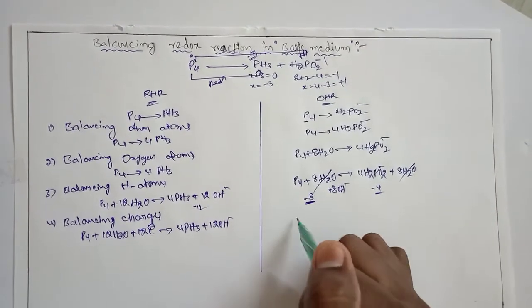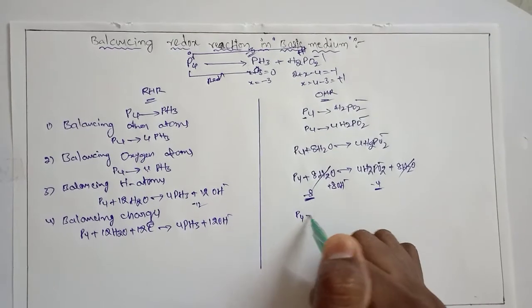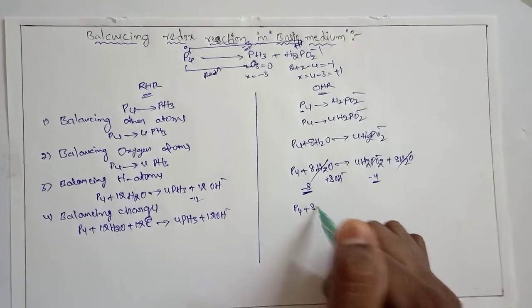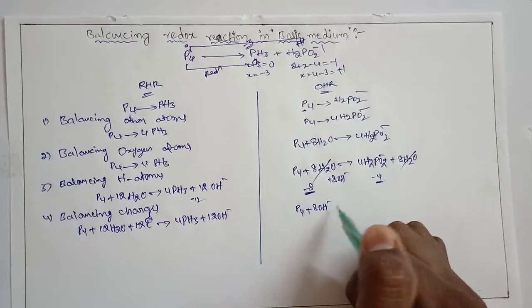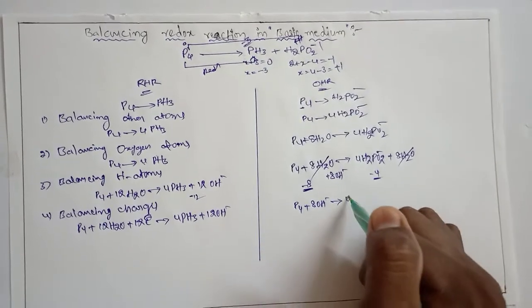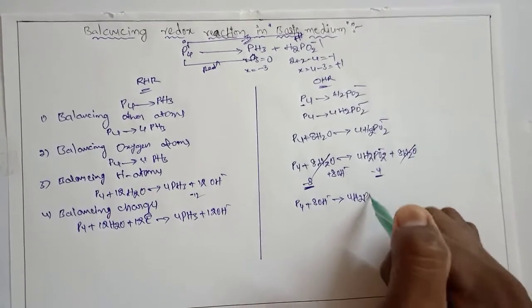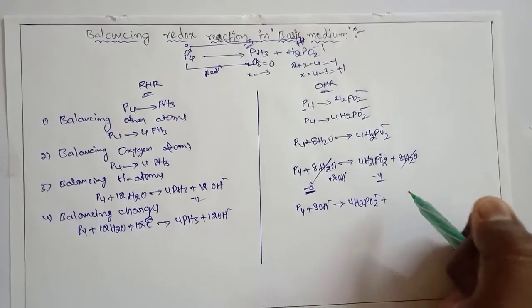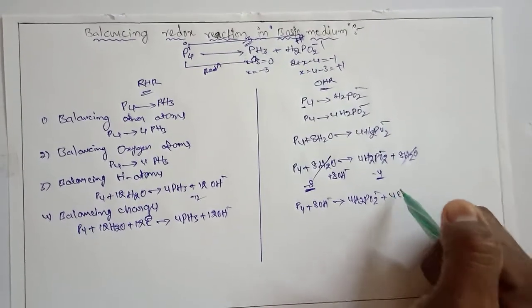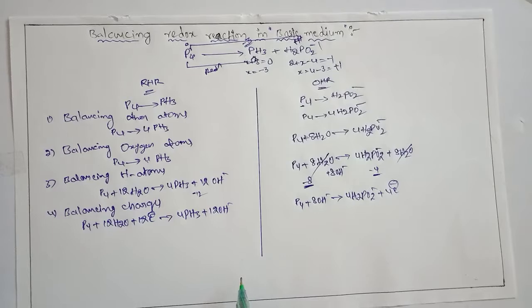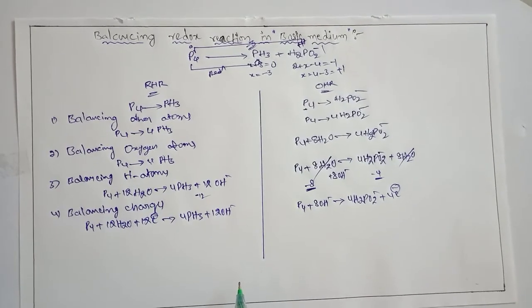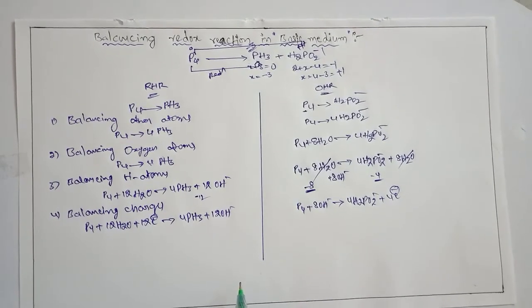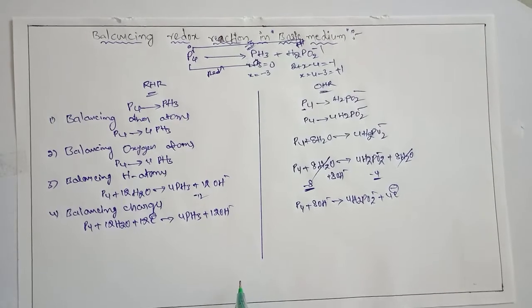Now P4 + 8 OH⁻ gives 4 H2PO2⁻ + 4 electrons. So charges are also equal in both the oxidation and reduction reactions.